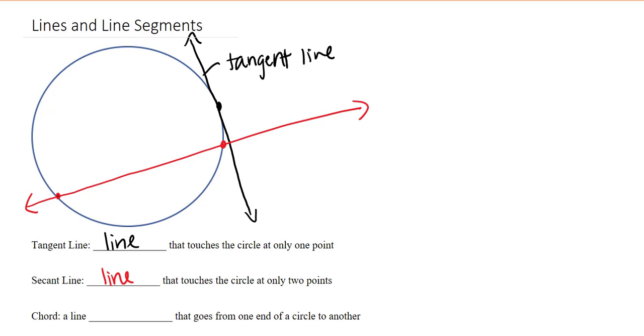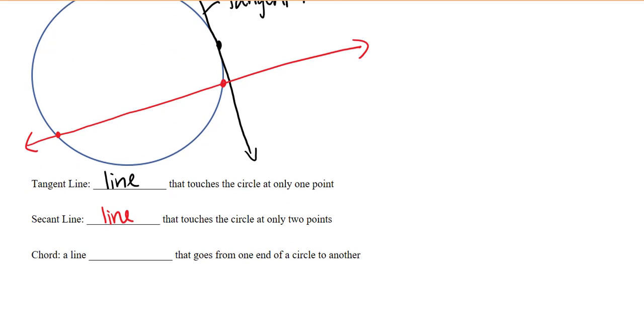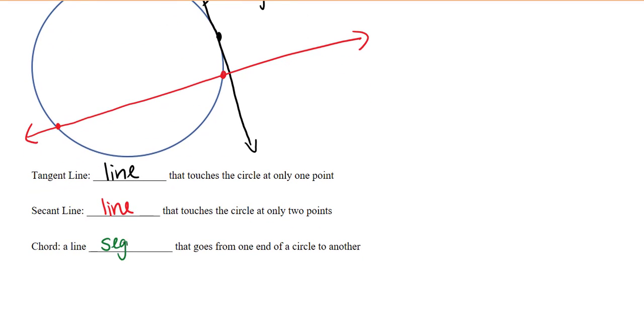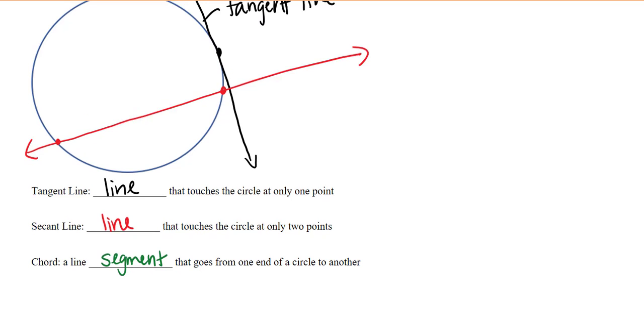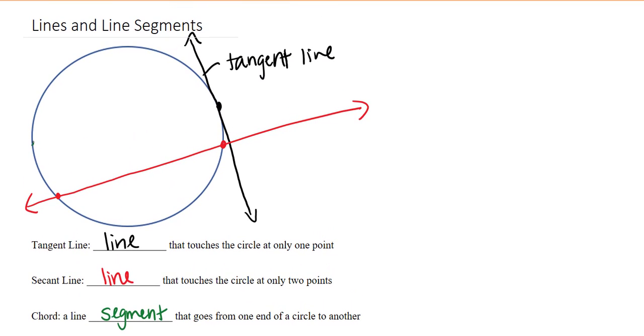And then lastly, a chord is a line segment that goes from one end of the circle to another. So it stays inside, so this would be considered a chord, or this could be a chord, or this could be a chord, but the whole point is it just goes from one end to another end, and it's just a straight line segment.